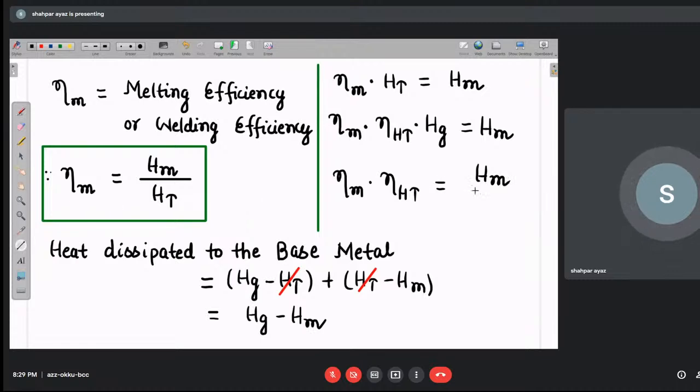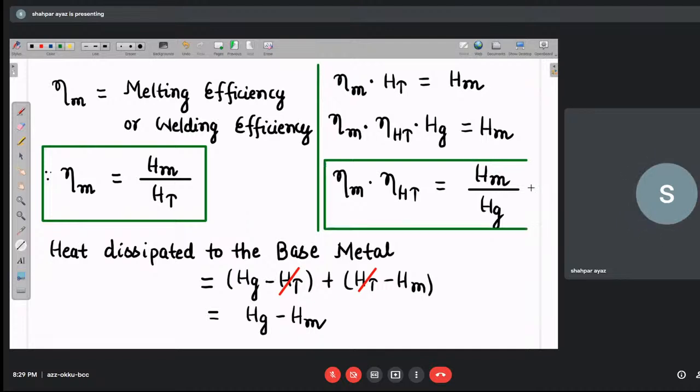This is the main formula, which is actually the backbone of welding efficiencies. So we just eliminate the Ht from discussion, because whenever you calculate Ht, it will become more complicated.